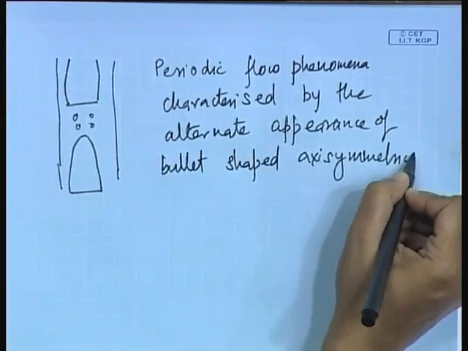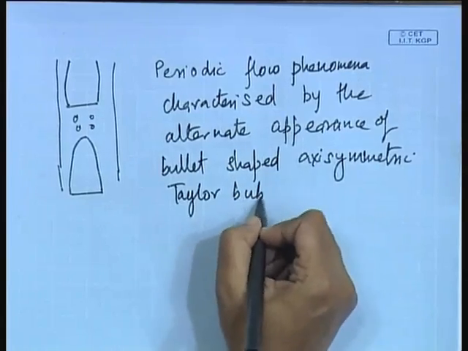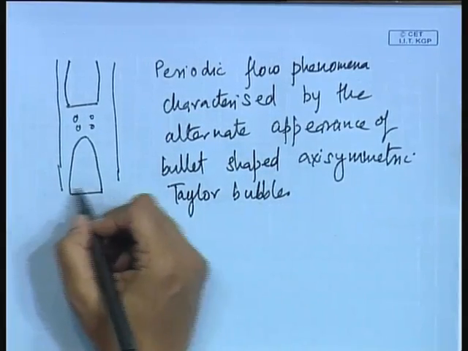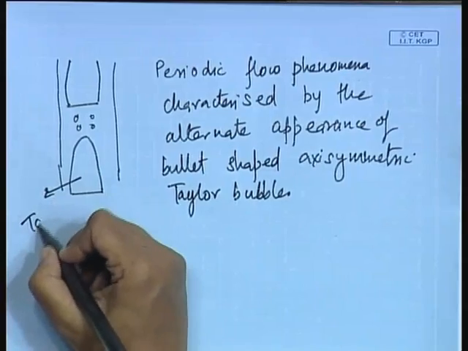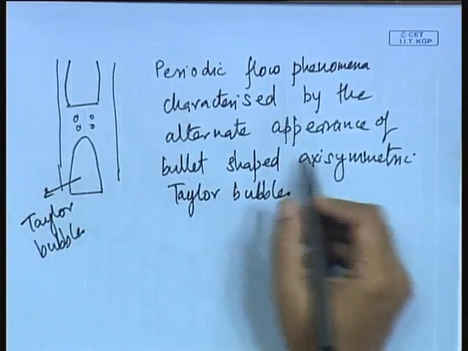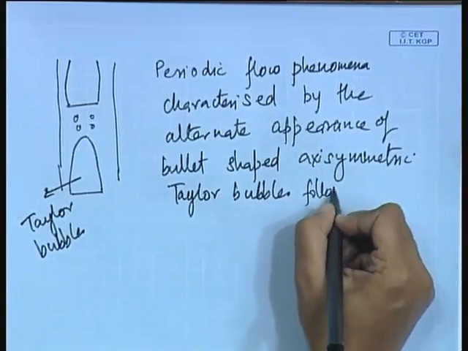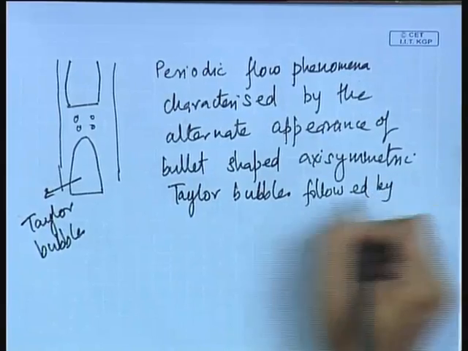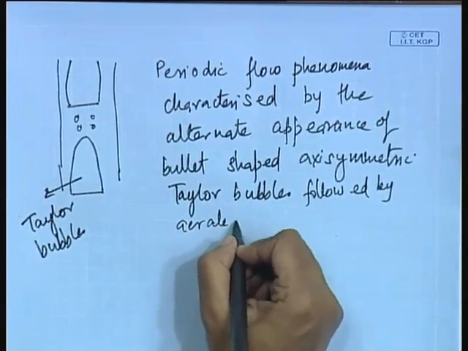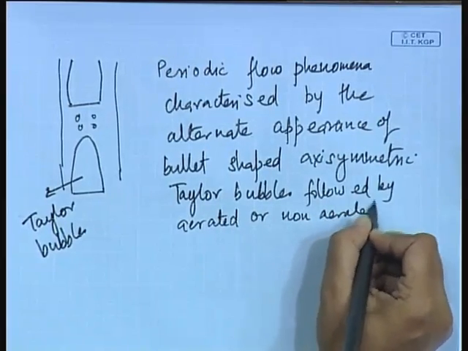These bubbles were first observed and studied in great detail by Davies and Taylor, and from henceforth they have been named as the Taylor bubbles. Bullet shaped axisymmetric Taylor bubbles followed by aerated or non-aerated liquid slugs.